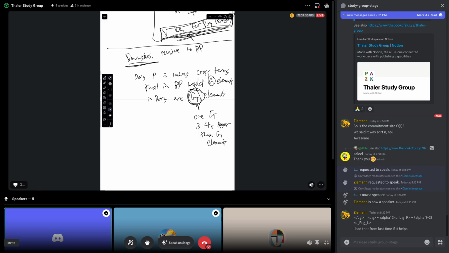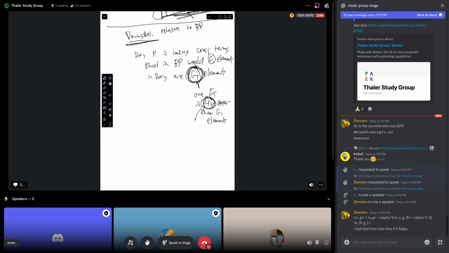Okay, so this is responsible for, when I say Dory proofs are 12x bigger or whatever it is than bulletproofs proofs, the fact that all of the elements are target group elements is responsible for a factor of roughly 4 out of the 12x.